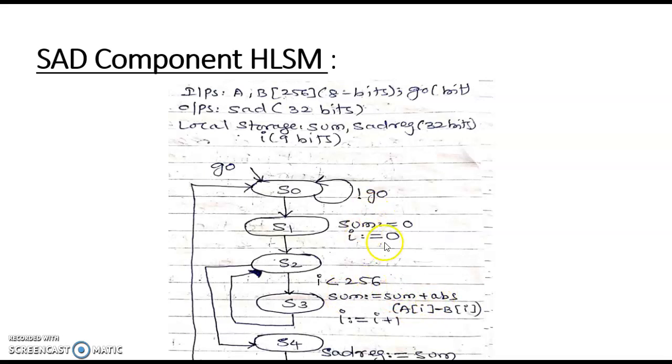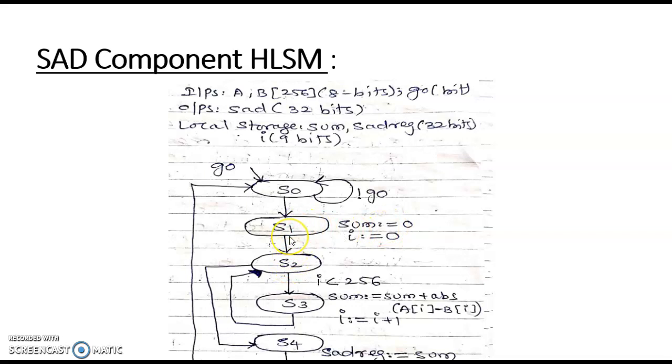Next, when i equals 1, it will take the next absolute difference and add it to the previous data. In this way, the absolute differences of the 256 bytes are summed, and the total is stored in sum. I hope it is clear what sum is.